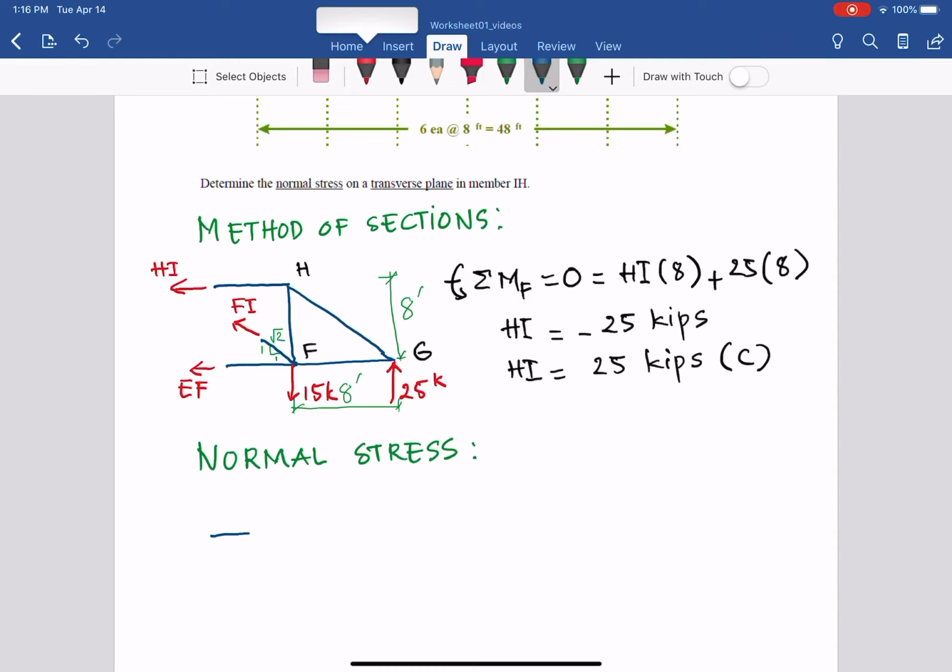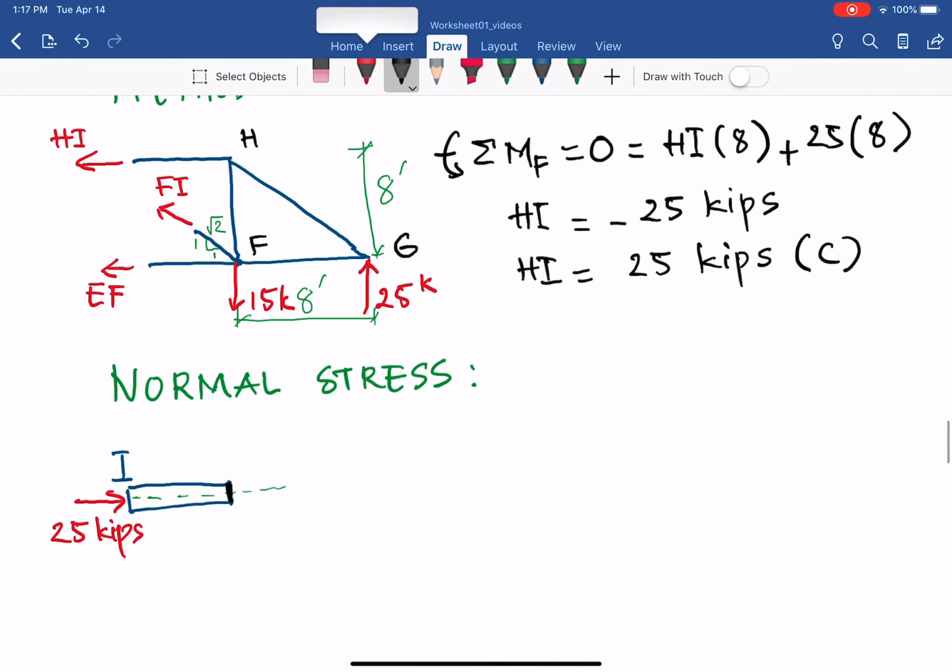Let me draw member HI here, and as you can see it is in compression, so we have the force HI, 25 kips, going into the cut. This is the longitudinal axis of the member, and transverse is the section perpendicular to that longitudinal axis.